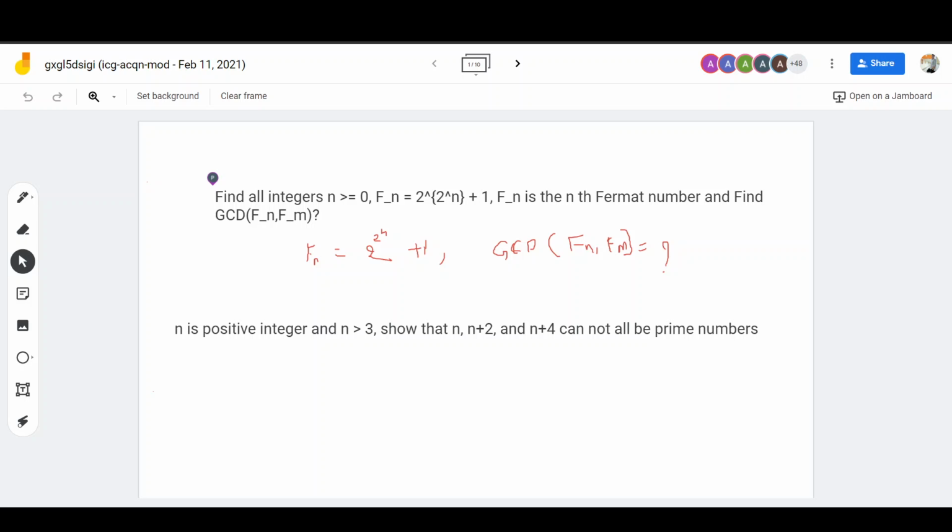Then in the CRT, the first assumption is you have to choose any numbers like this.